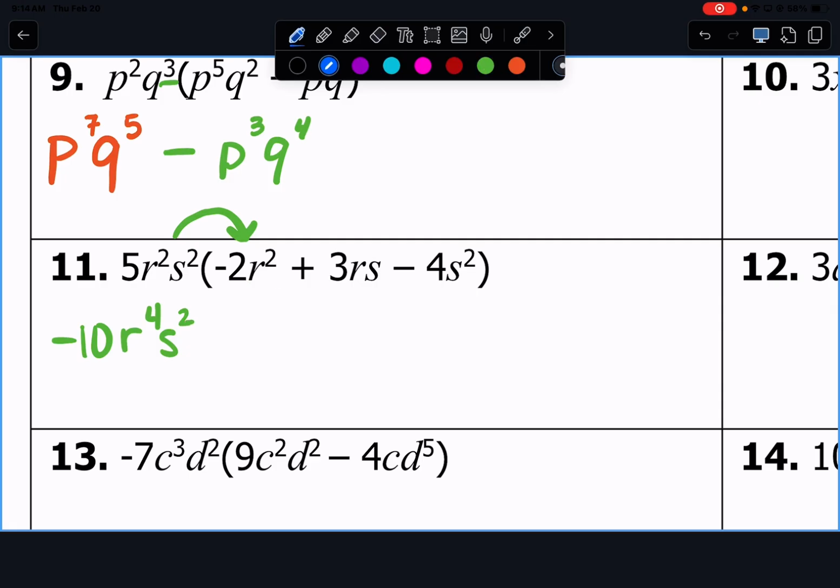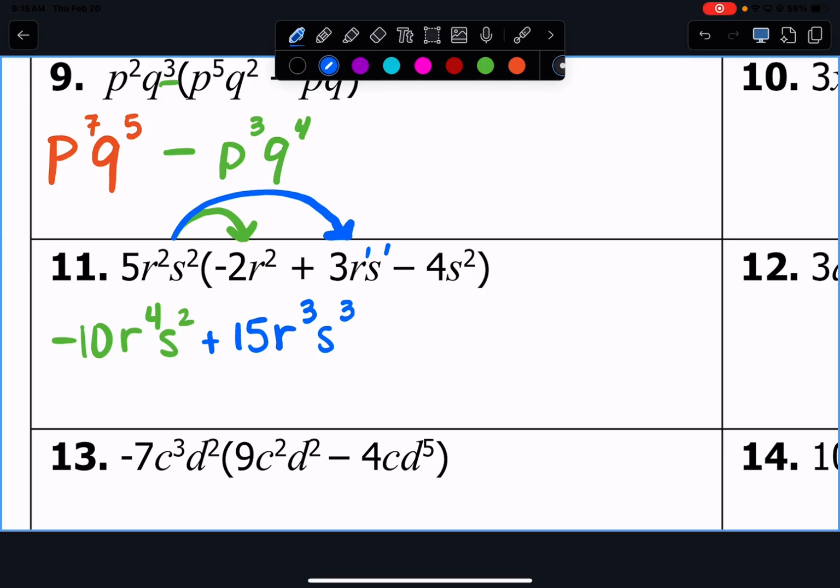Then we're going to do the same thing with the next term. 5 times 3 is 15. R squared times r is going to give us r to the 3rd. S squared times s is going to give us s to the 3rd, because both of those have an understood 1.